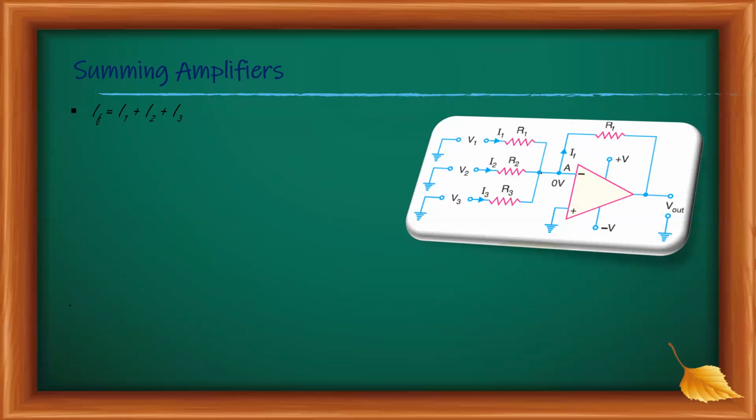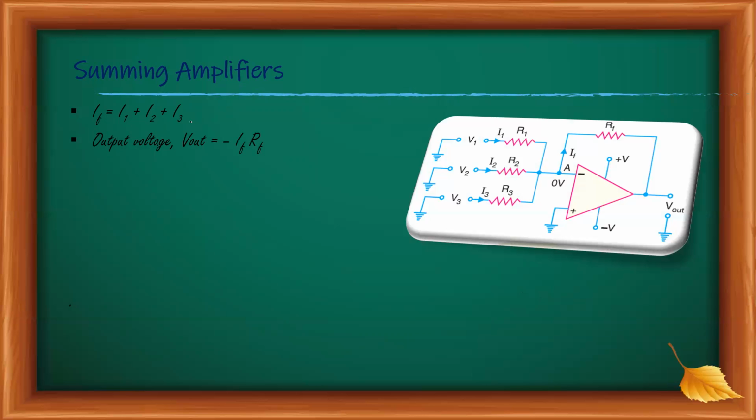Using Kirchhoff's current law at the node A, the current meeting at the junction must be equal to the current leaving the junction. The current meeting at the junction is I1 plus I2 plus I3, and the current leaving at A is IF. So we write IF is equal to I1 plus I2 plus I3.